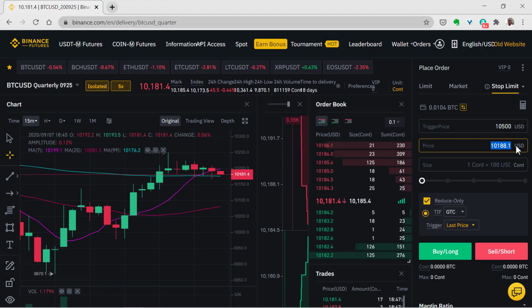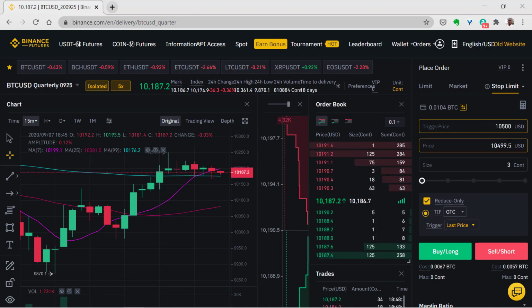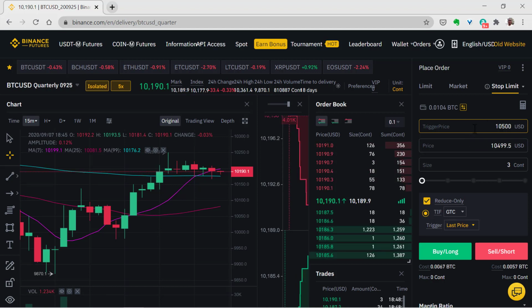I can put my price at maybe 10.499.5 and put my order, maybe let's say 3 contracts. So what does all this mean? The trigger price is the price that would trigger this limit order, because the stop order consists of a trigger and a limit order joined together.